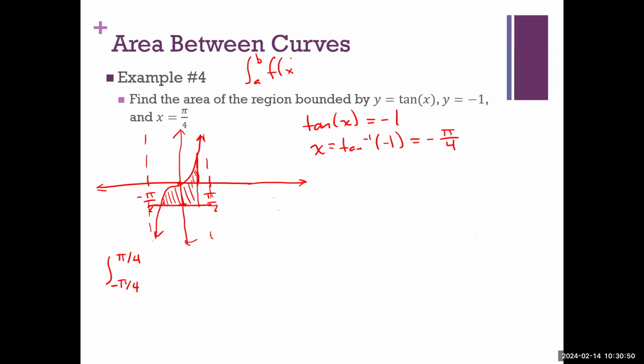I'm glad this came up because I want to point out something that might be getting lost here. This is the thing we've been following, right? You take the greater curve minus the lower curve, integrate that over whatever your boundary is. What are f of x and g of x?